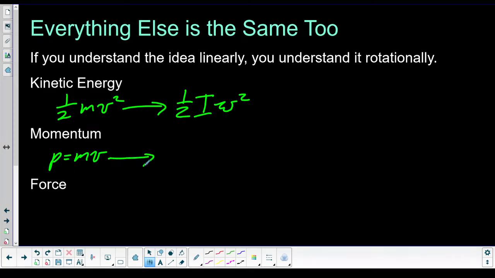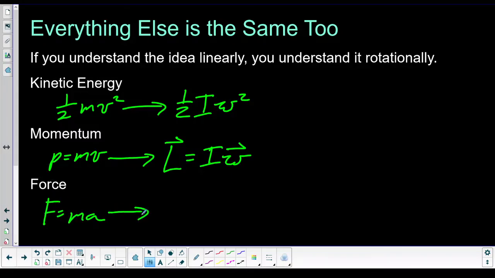There is an angular momentum. It's capital L. It's still a vector. It equals spinny mass times spinny velocity. Cool. And then force equals ma. There is a spinny force.